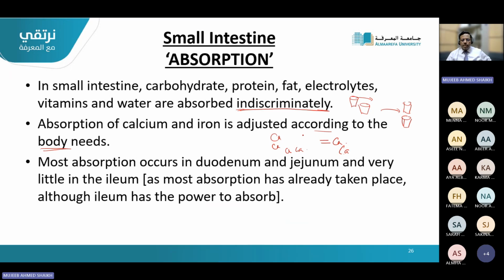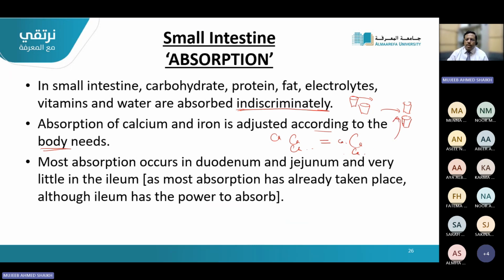If the person is eating a lot of calcium, the body will still absorb little. In the opposite condition, if the person has a deficiency of calcium, then with supplementation he can absorb a large amount. So it depends upon the body's need.